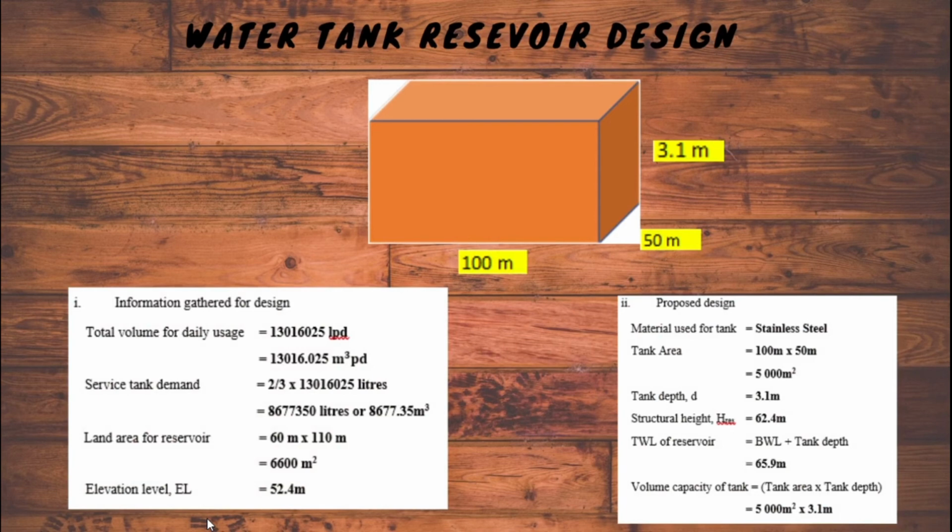So as an assumption, an area of 6,000 meter square is suitable for locating the 5,000 meter square area of the tank reservoir. Stainless steel is a good material used for tanks since it has high durability properties and can withstand high load capacity. Therefore, the volume capacity of the tank is suitable for a rectangular shape with the size 50,500 meter cube.